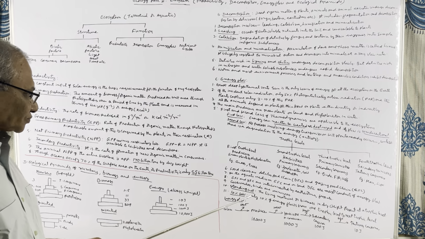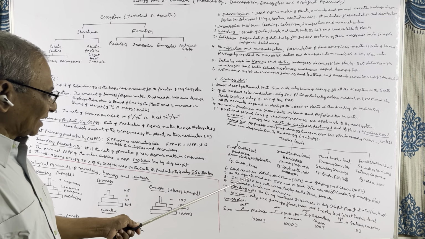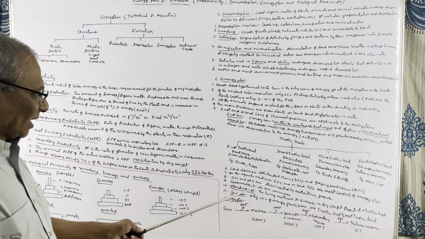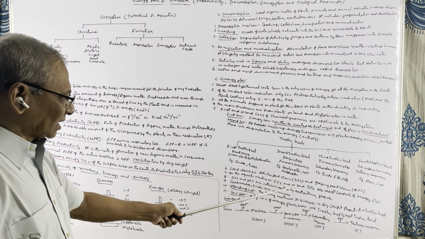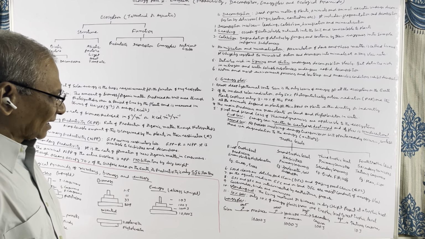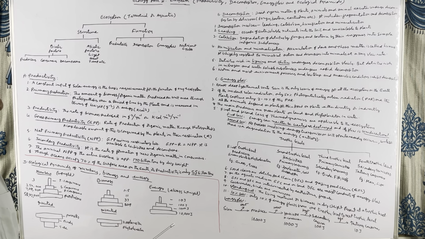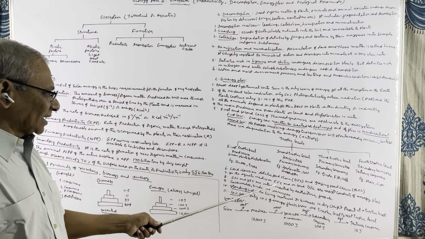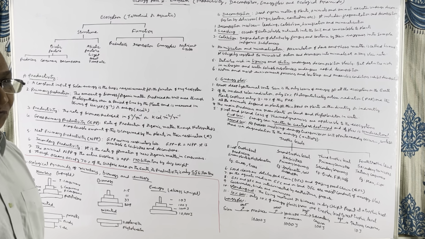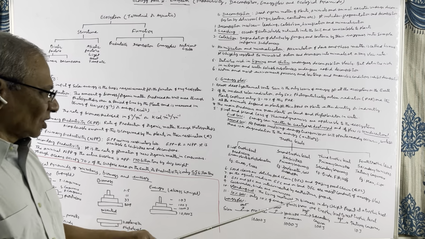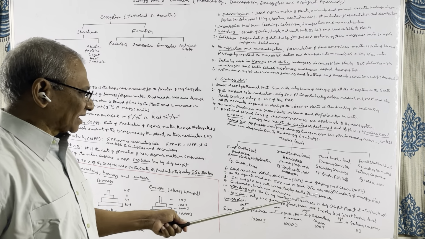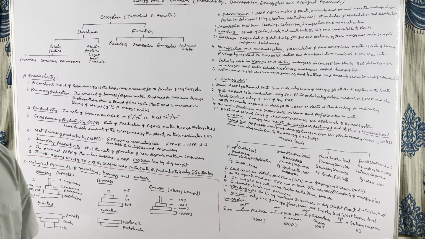Then, in the aquatic medium, the grazing food chain, and on the land, the detritus food chain, are major conduits of energy flow. So, much of the energy flows through the grazing food chain in the aquatic medium. Whereas on the land, much of the energy flows through the detritus food chain.